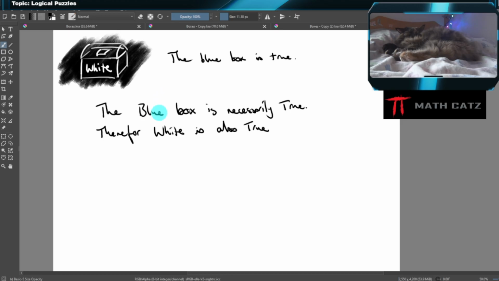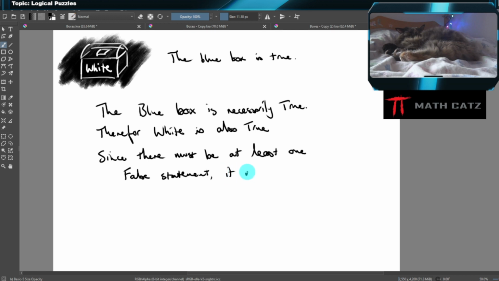Now again, there has to be a true and a false. I have two trues already. So we'll elaborate with this sentence. Since there must be at least one false statement, it must be black.